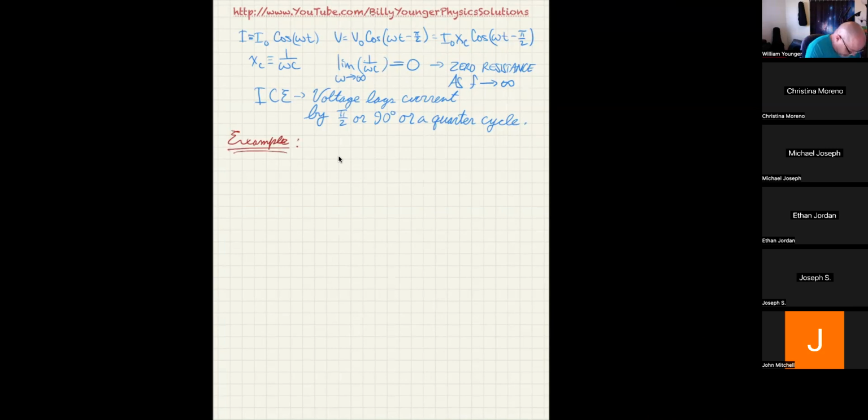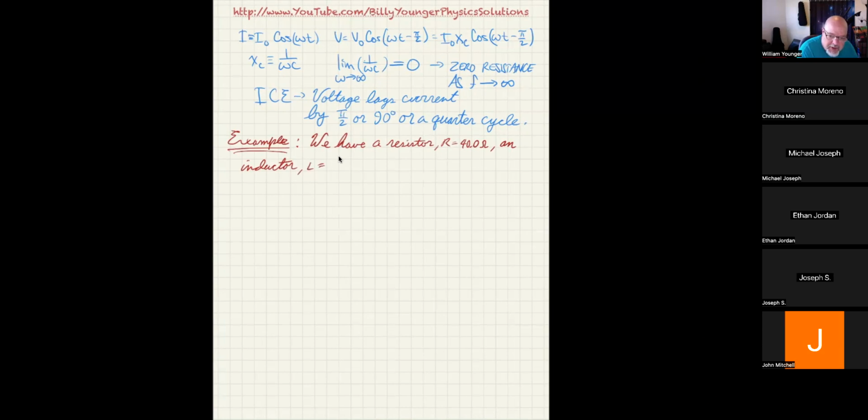We have a resistor, R equals, let's say, 40.0 ohms, an inductor, which might be a solenoid.